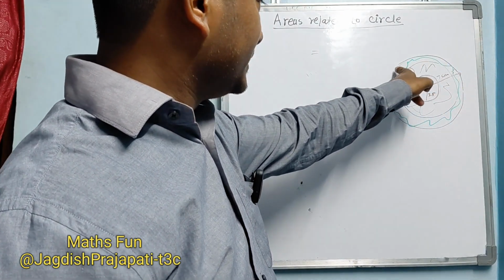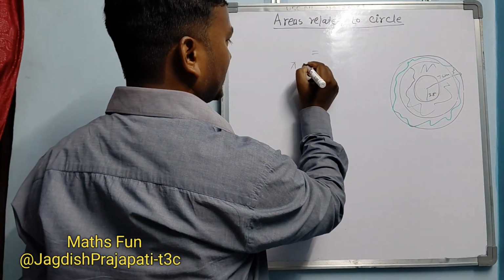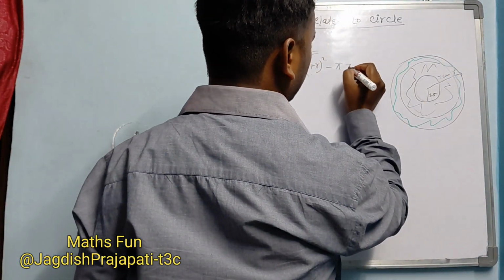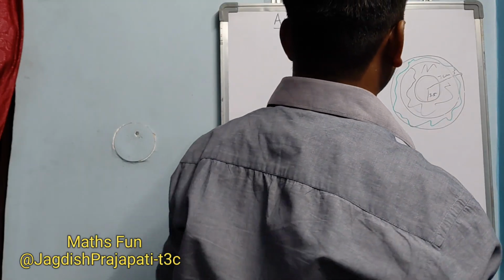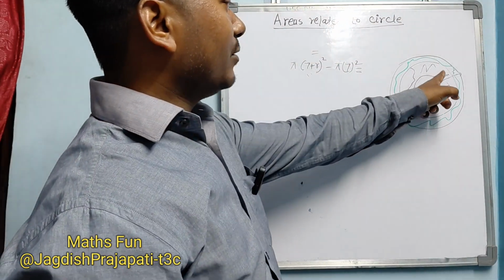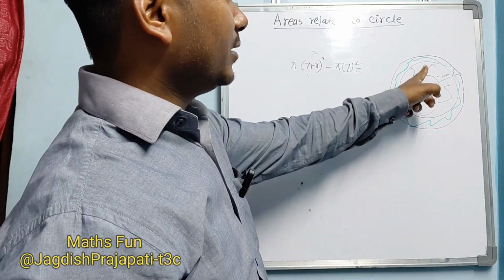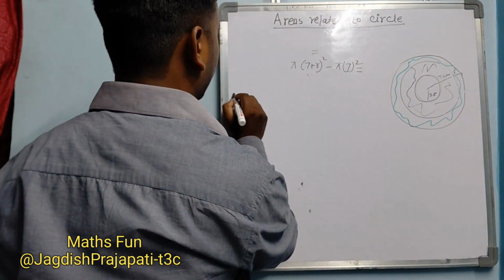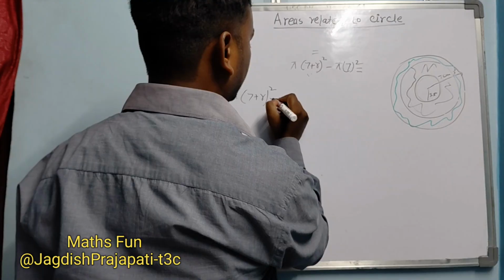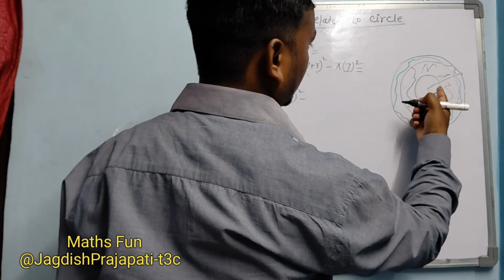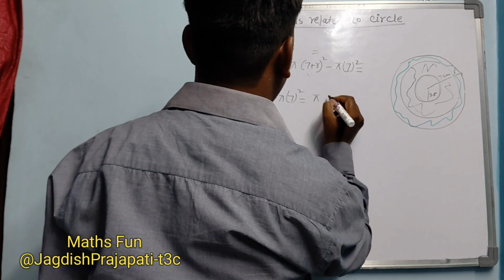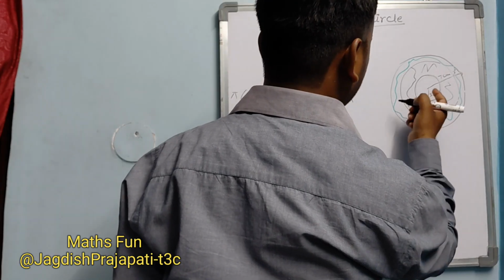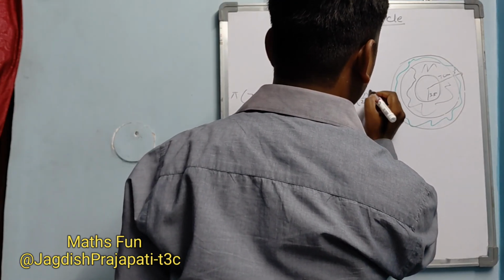Then this area will be pi (7 plus r) square minus pi 7 square, and this is equal to the area we found in the earlier case, which is pi 7 square minus pi times, this 3 by 5 we can write like 7 by 2, this one.